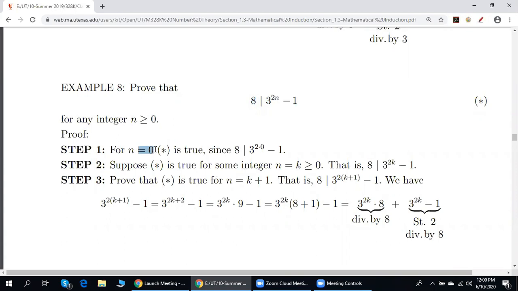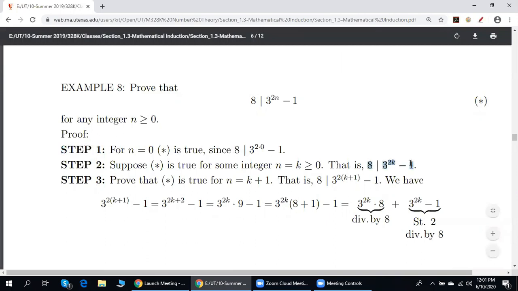For example, 0. Thanks to step 1, we can suppose that this is true for some, not for any, integer n is equal to k, where k is greater or equal to 0. Thanks to 1, we can suppose this.